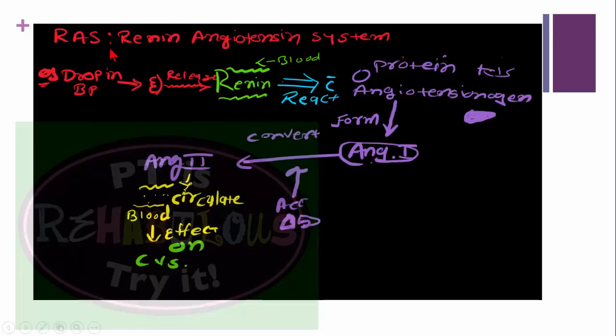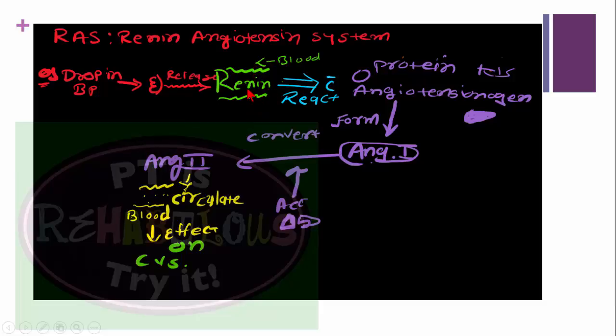Now we are going to learn the renin angiotensin system. This is necessary because we are going to see ACE inhibitors. For example, when your blood pressure drops, the kidney will release renin into the blood circulation.